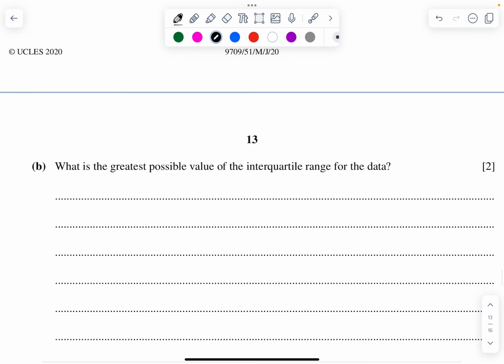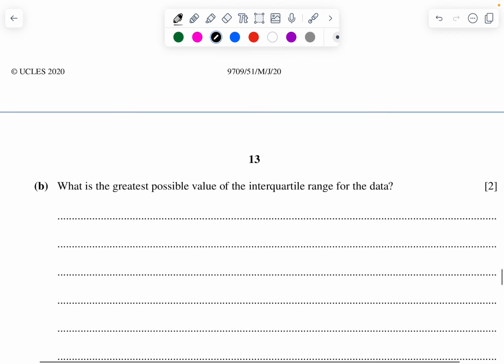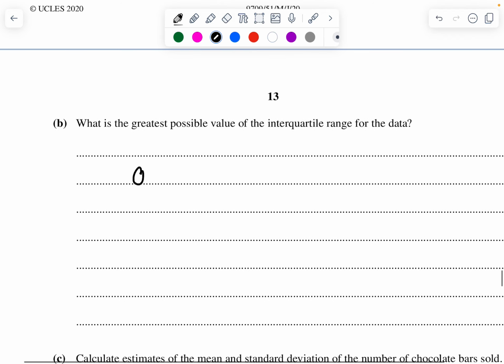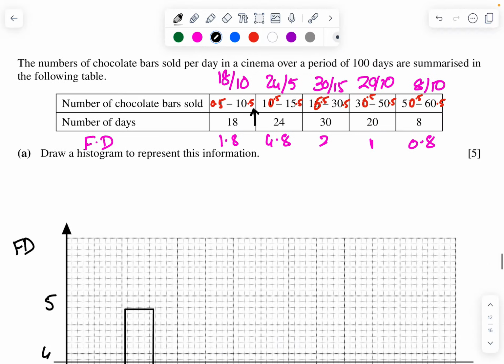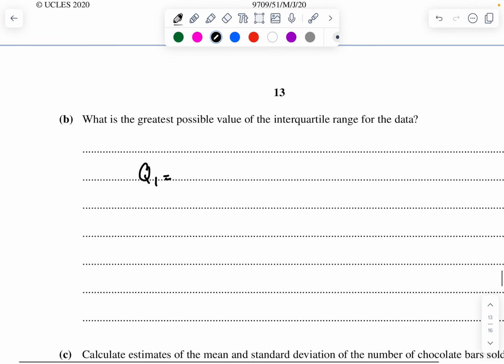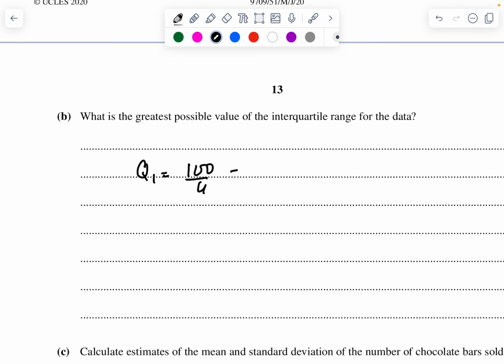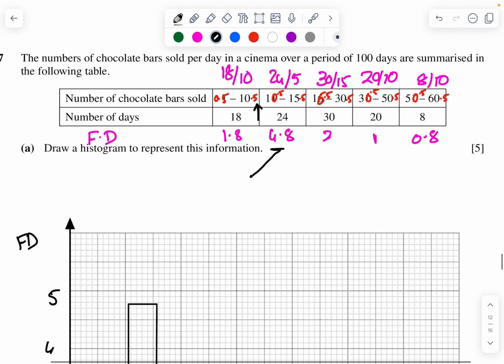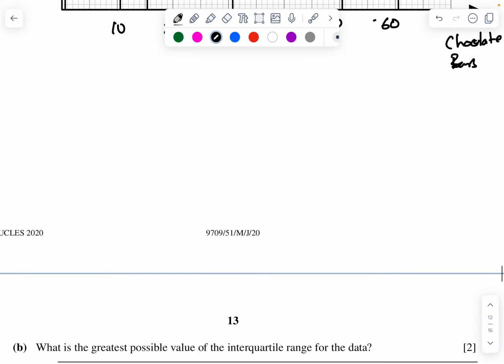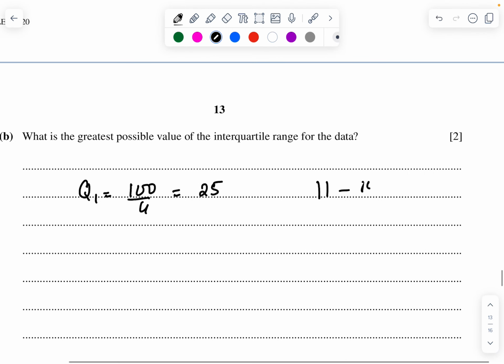What is the greatest possible value of the interquartile range? So Q1. Total, how many people are there? There are 100 people, 100 days. 100 divided by 4, which is 25. The 25th one comes in 11 to 15.